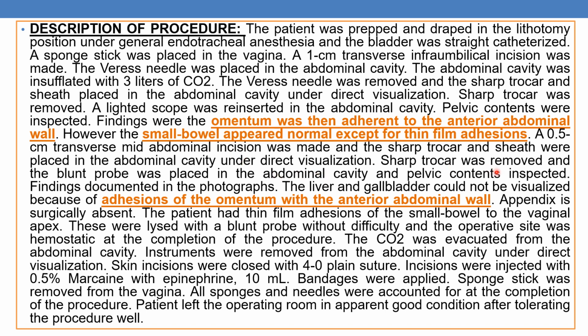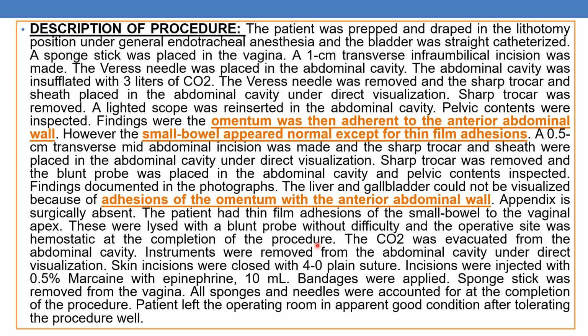The sharp trocar was removed and the blunt probe was placed in the abdominal cavity and pelvic contents were inspected. The findings were documented in the photographs. Liver and gallbladder could not be visualized because of the adhesions of the omentum with the anterior abdominal wall. Appendix was surgically absent. The patient had thin film adhesions of the small bowel to the vaginal apex.